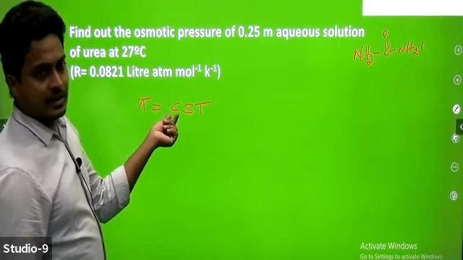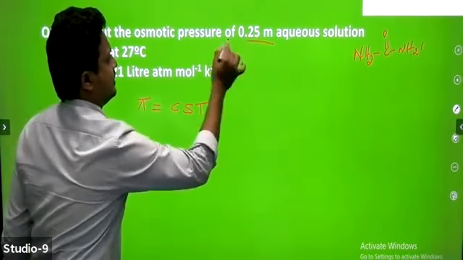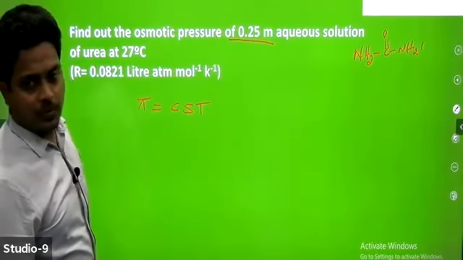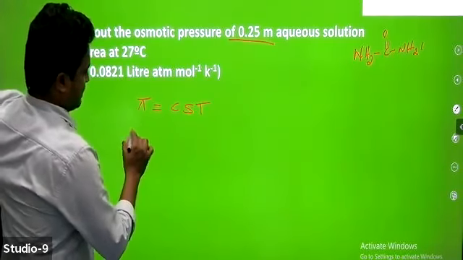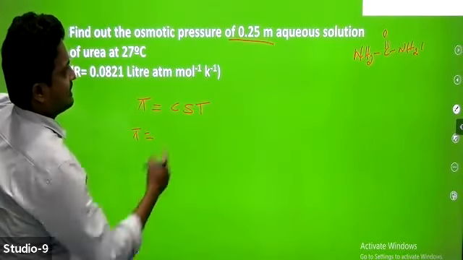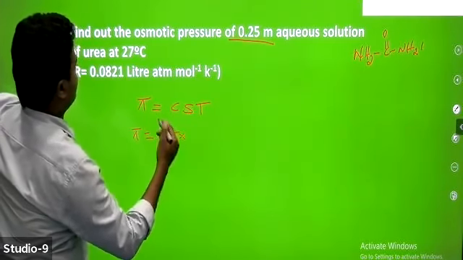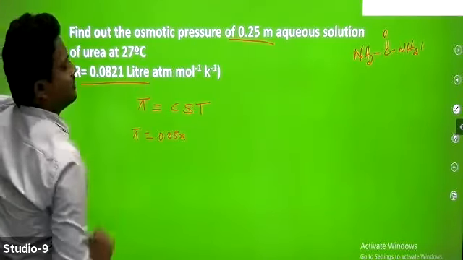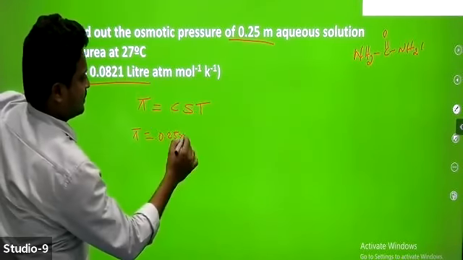Concentration is 0.25 molal. So osmotic pressure pi is equal to, what is C here? 0.25. What is S? Solution constant, nothing but gas constant, R value. Both are same.